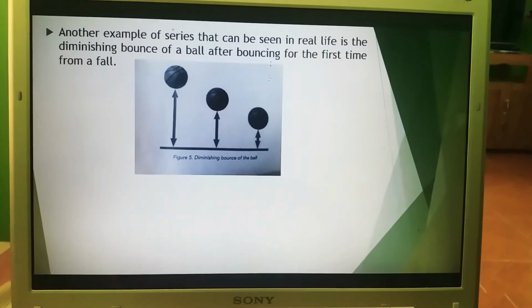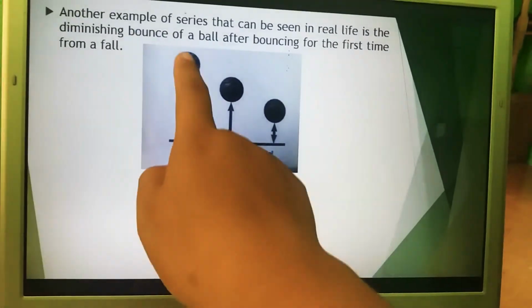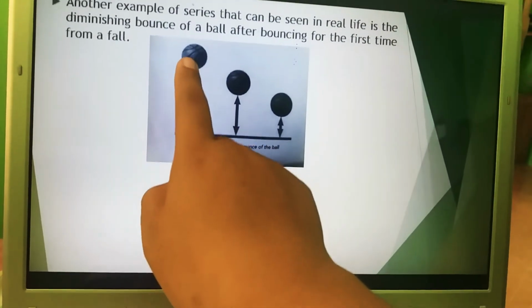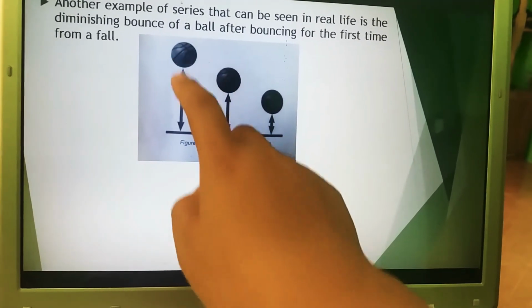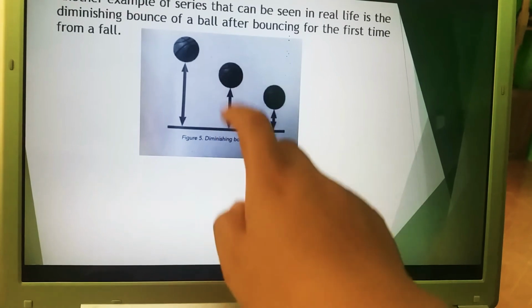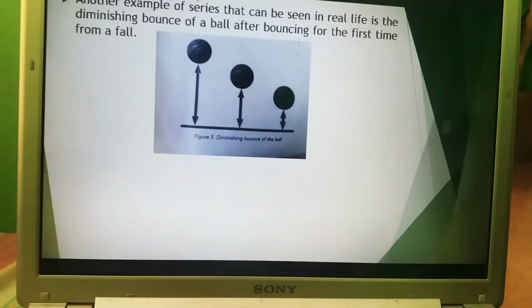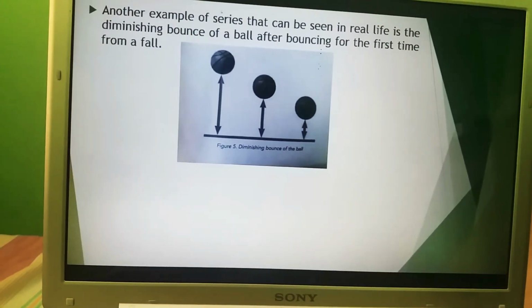So as you can see in this figure, as you dribble the ball, it will reach a certain height. Then, habang humihina yung pagtalbog ng bola, bababa at bababa din yung kanyang height hanggang sa hindi na siya tumalbog.